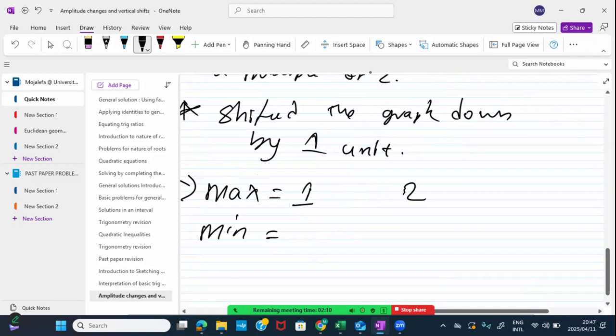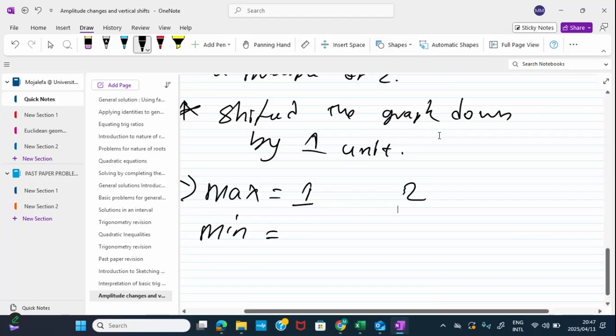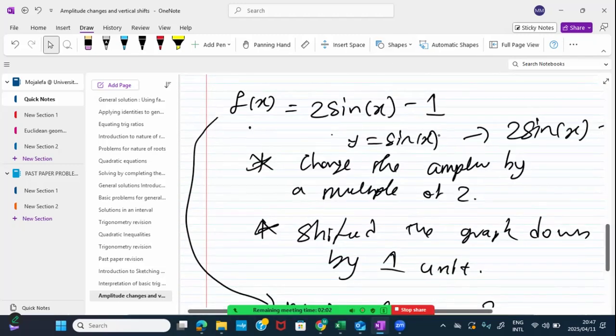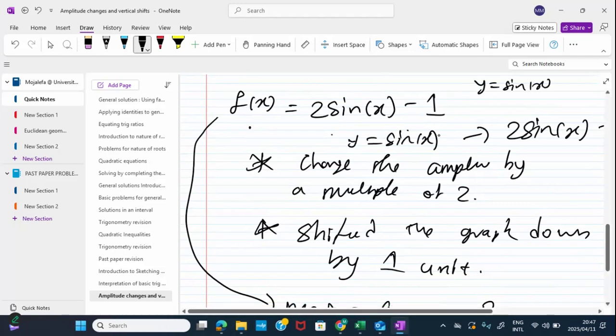Okay. So now we have to evaluate who's correct and who's not correct. Remember, if in case I look at this graph of y is equal to sine x, what is the maximum of it? It's 1.